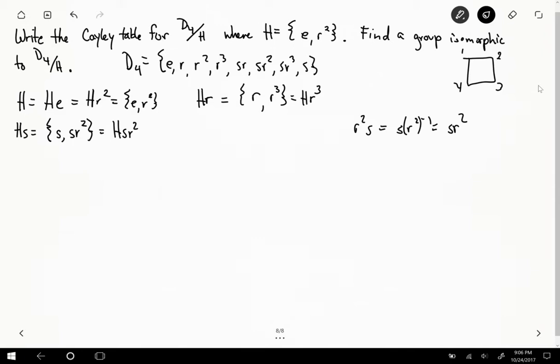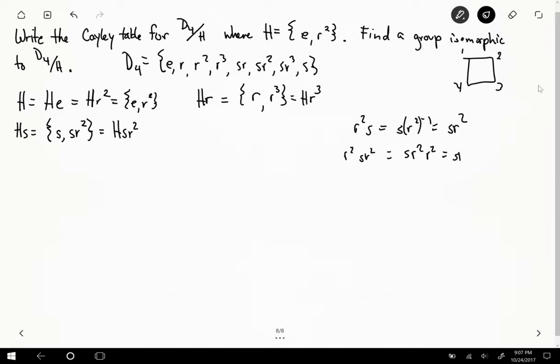Okay, so what happens with that? In that case, when you take the identity you get the SR squared, but just to show what happens when we go R squared and SR squared: remember we just talked about R squared S equaling SR squared, so you can write this as SR squared R squared.